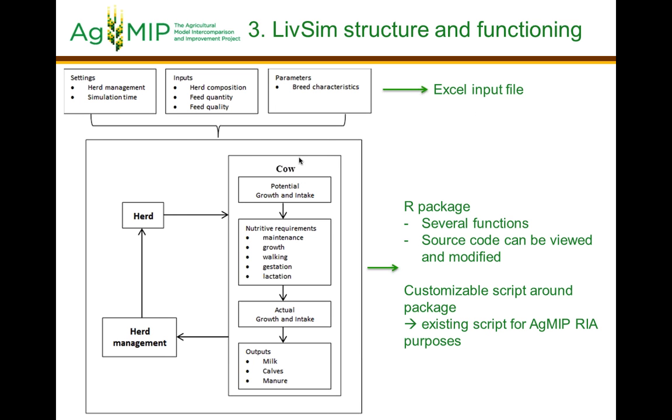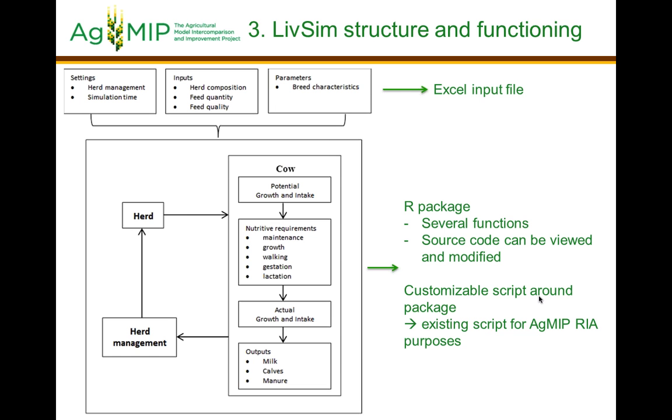These upper components are fed into an Excel input file, and we'll show you some screenshots of that. There's a macro on that Excel file that then generates CSV files that are read in by the model. The model is basically an R package that consists of several functions, built from a source code, and everybody can consult that source code and can actually also modify it.